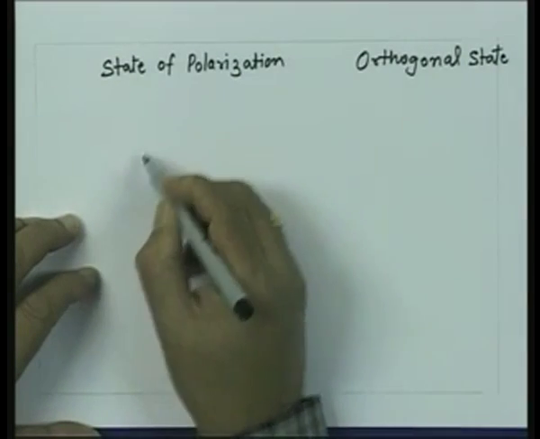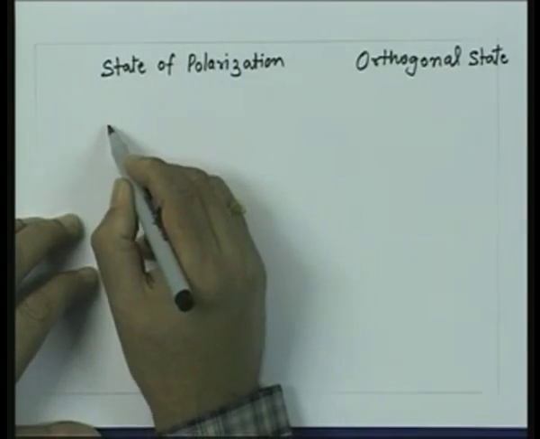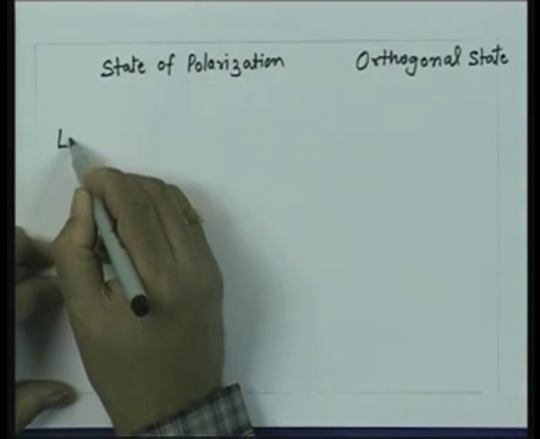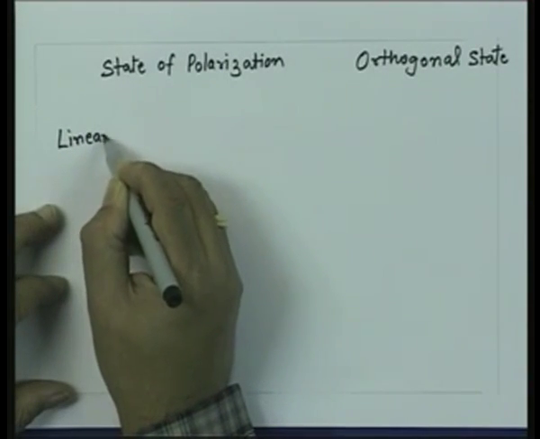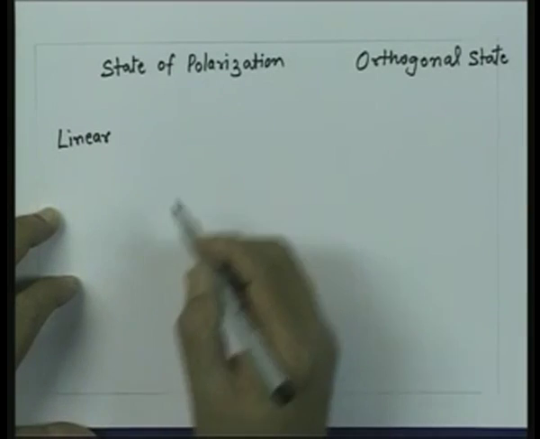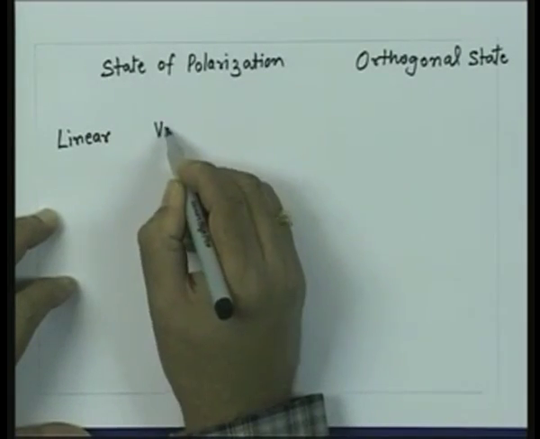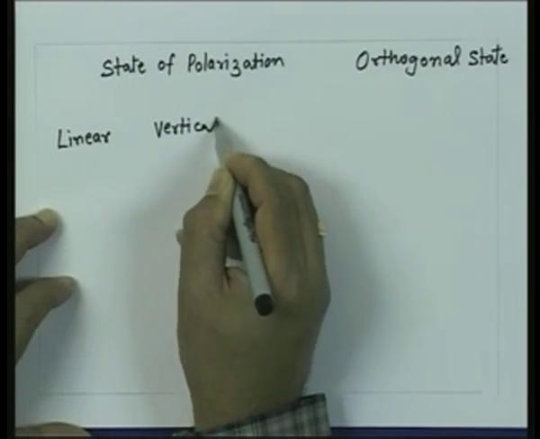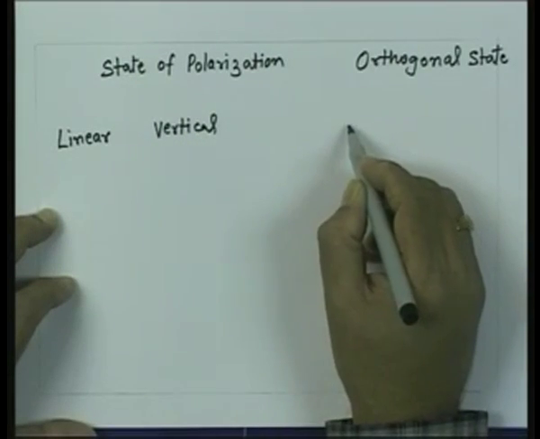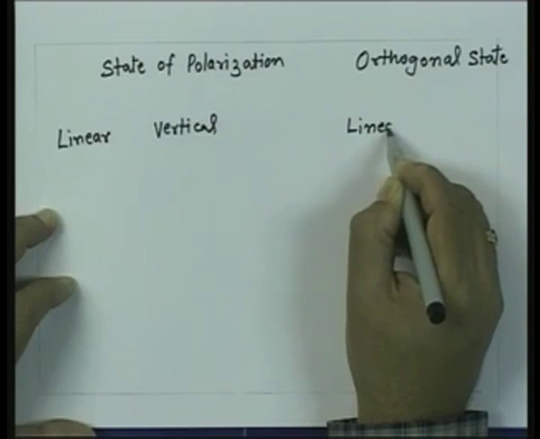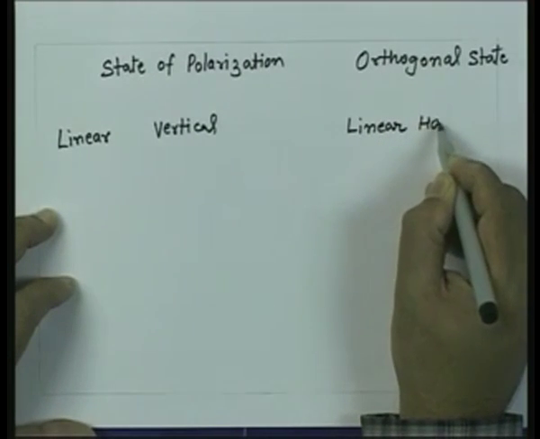We saw if I take the linear vertical, I get an orthogonal state of polarization which is linear horizontal.